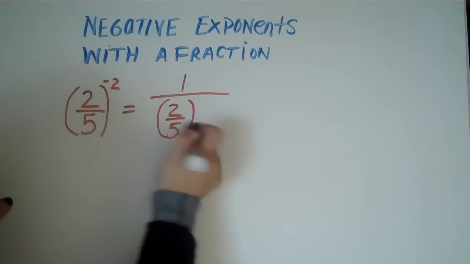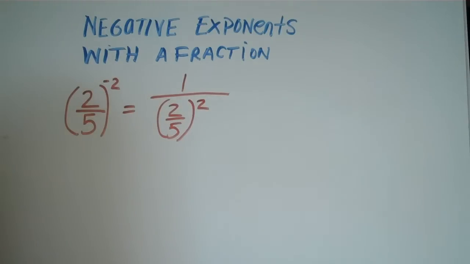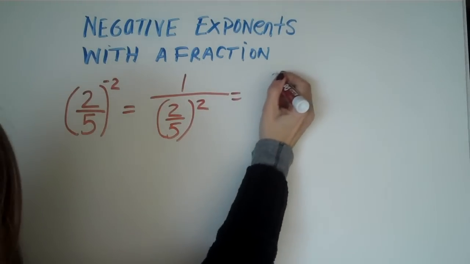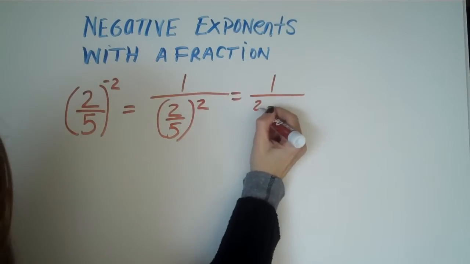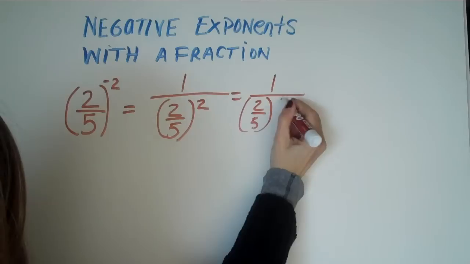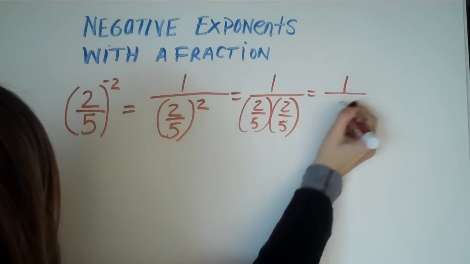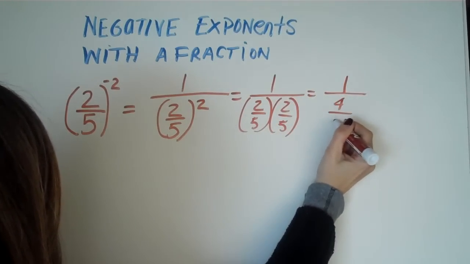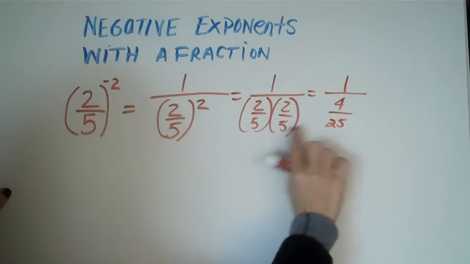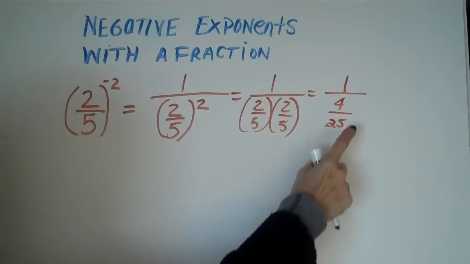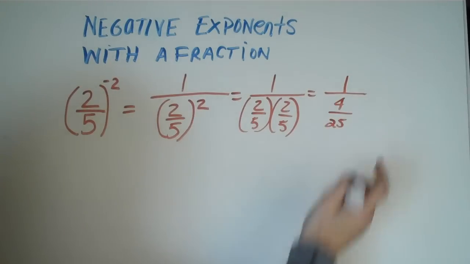We're going to leave out that negative sign though, because we got the reciprocal, and it becomes 1 over 2/5 times 2/5, which is 1 over 4 over 25, because we're just multiplying straight across. And if you think about it, this line right here is division.